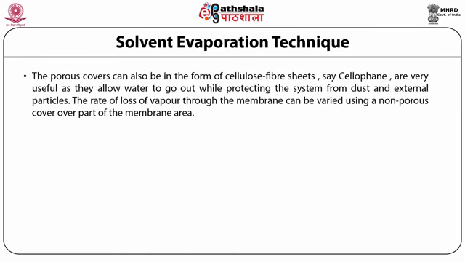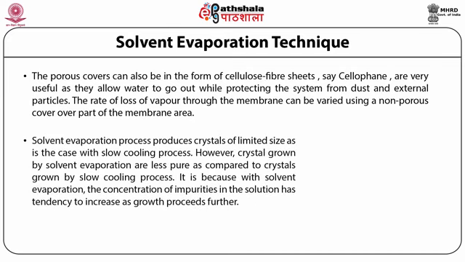The pore covers can also be in the form of cellulose fiber sheets, say cellophane, which are very useful as they allow water to go out while protecting the system from dust and external particles. The rate of loss of vapor through the membrane can be varied using a non-porous cover over part of the membrane area.